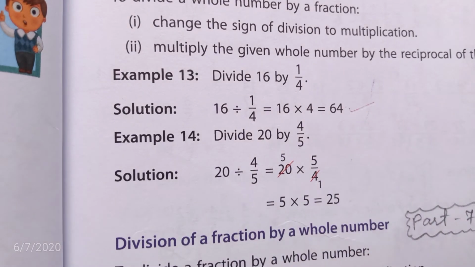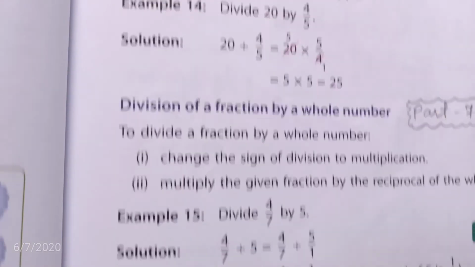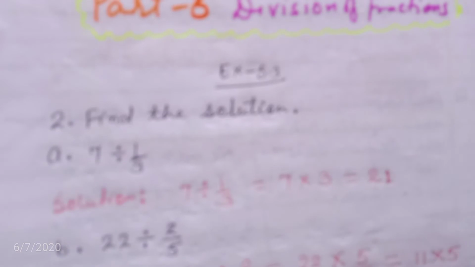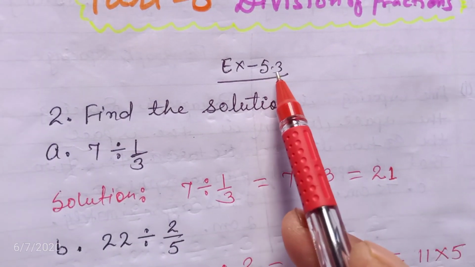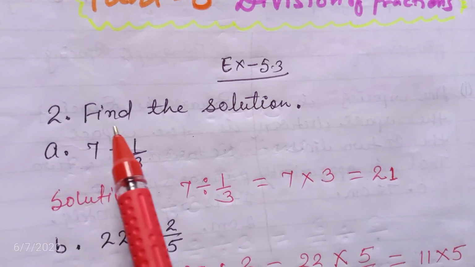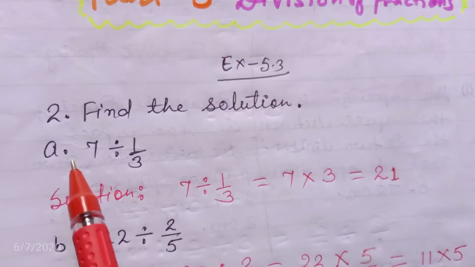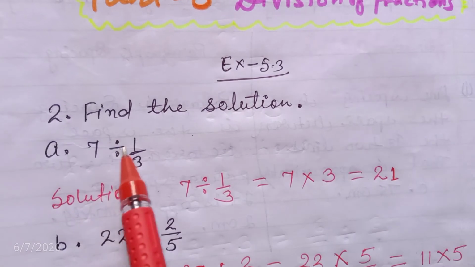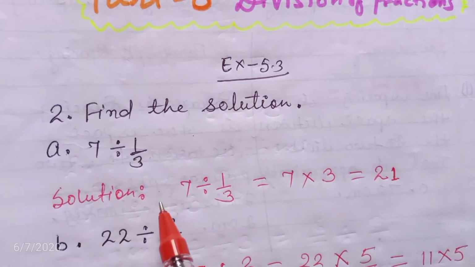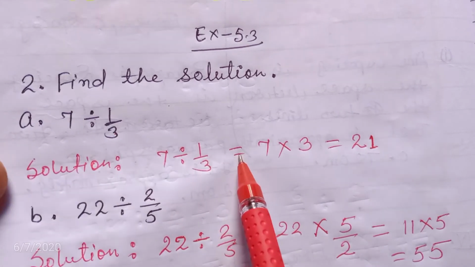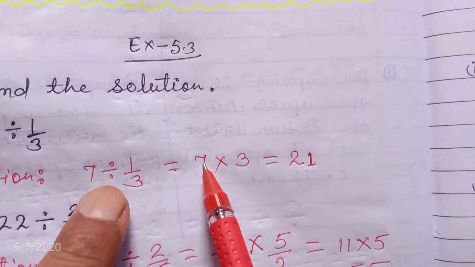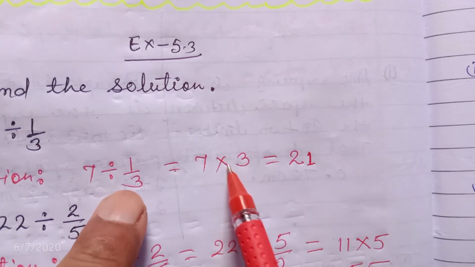Now you can see some questions from your exercise 5.3. Question number 2, find the solution. Number A, 7 divided by 1 by 3. Solution: 7 divided by 1 by 3 equal to 7 multiplied by 3.